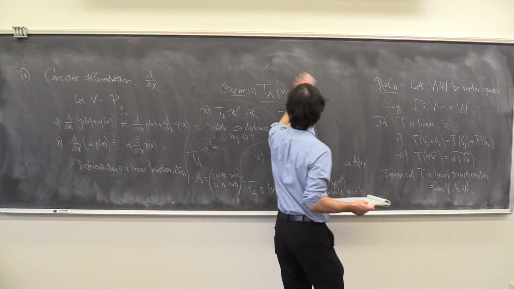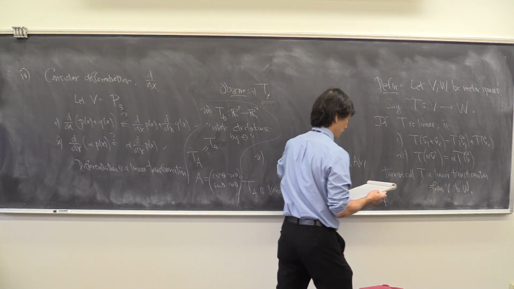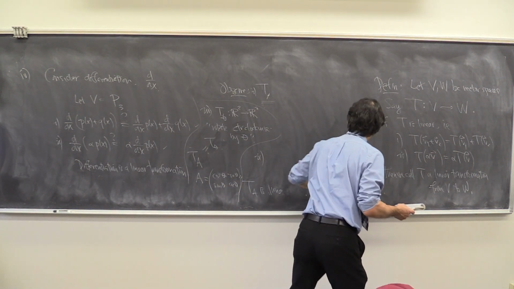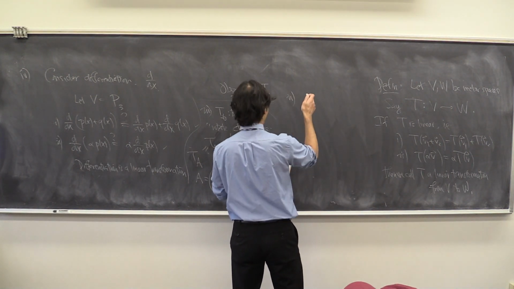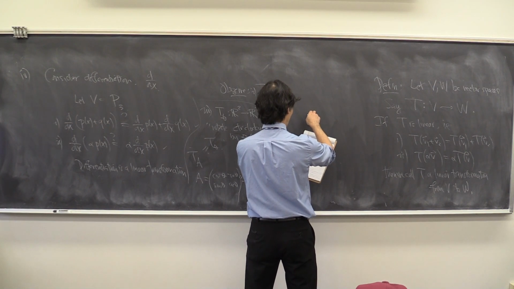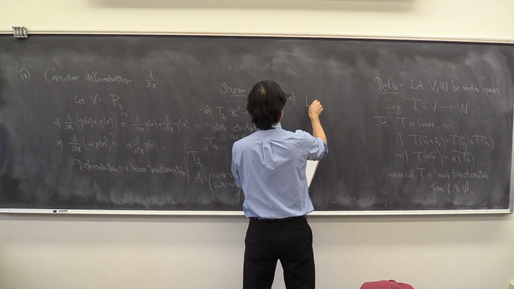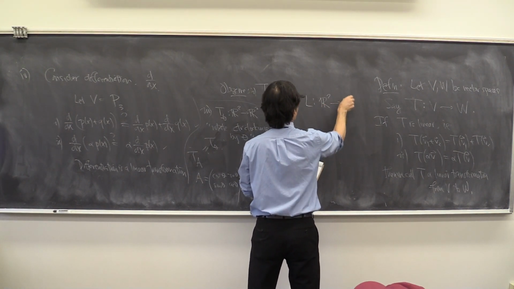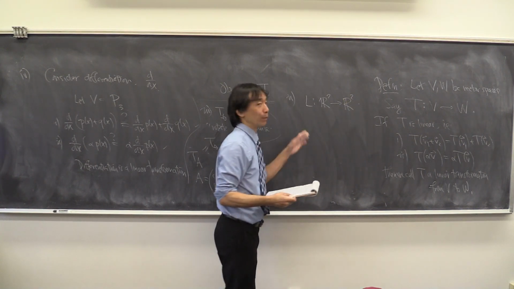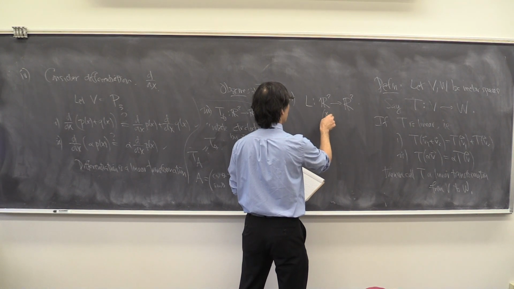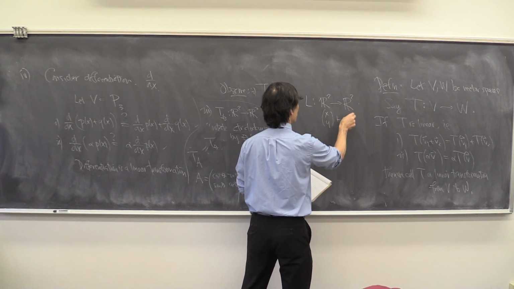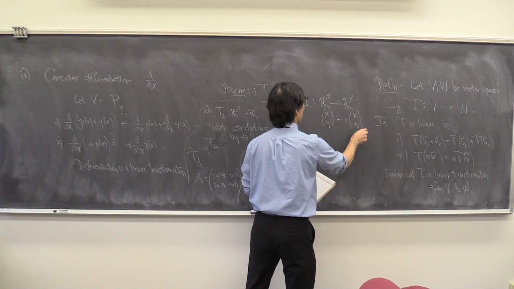Let me do one more example. We have a map from R2 to R2, and the map is you take x, y and map it to x comma 0.